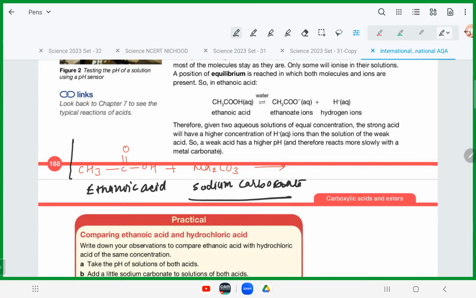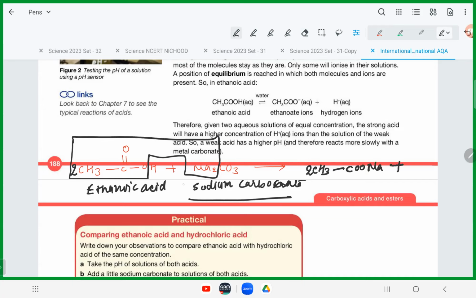So here you see this molecule is going to combine with the sodium. You need to take two. So here you see two molecules of CH3COONa.